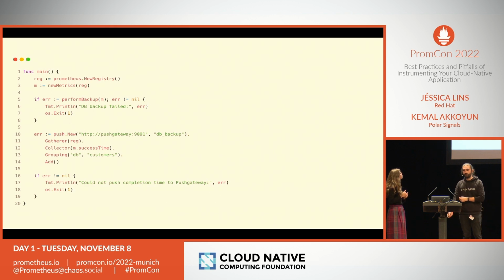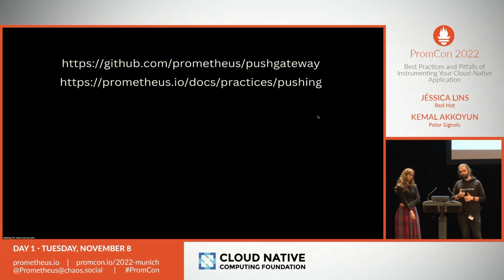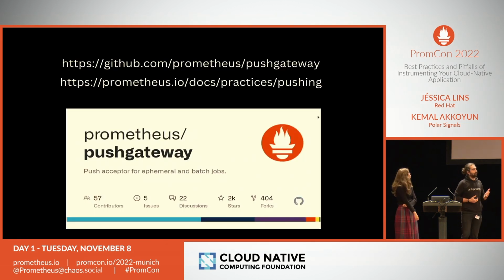For that, we have APIs in the client code, and you can push these metrics to a push gateway, and then your Prometheus can scrape those push gateways.